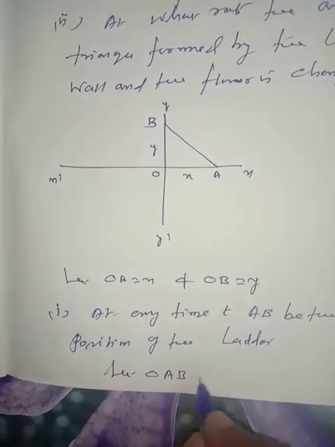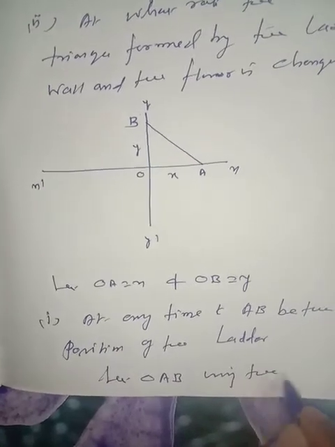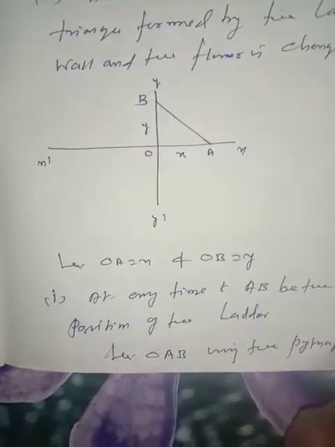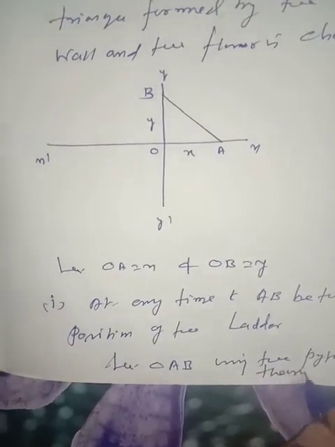Using the Pythagoras theorem, AB square is equal to OA square plus OB square. AB square, 17 square, is equal to x square plus y square. So x square plus y square is equal to 17 square, which is 289.